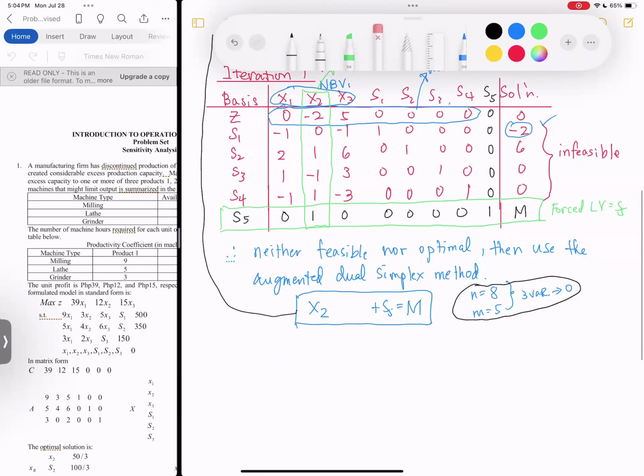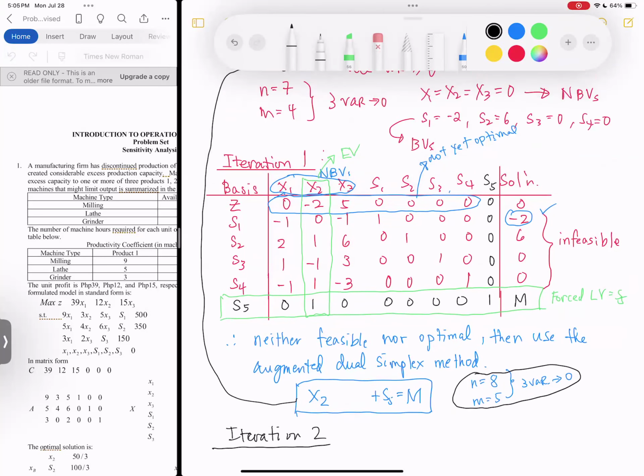Okay, so we'll do iteration 2. And as we said, let's just label iteration 1 is neither feasible nor optimal.